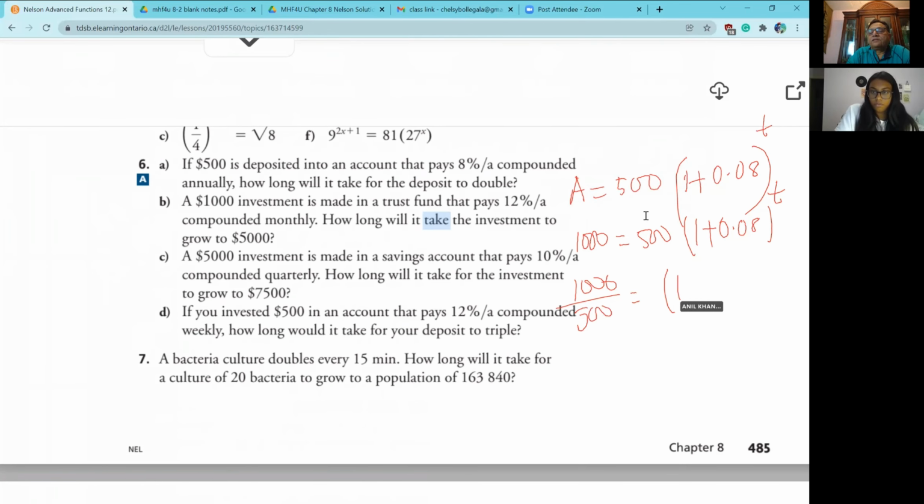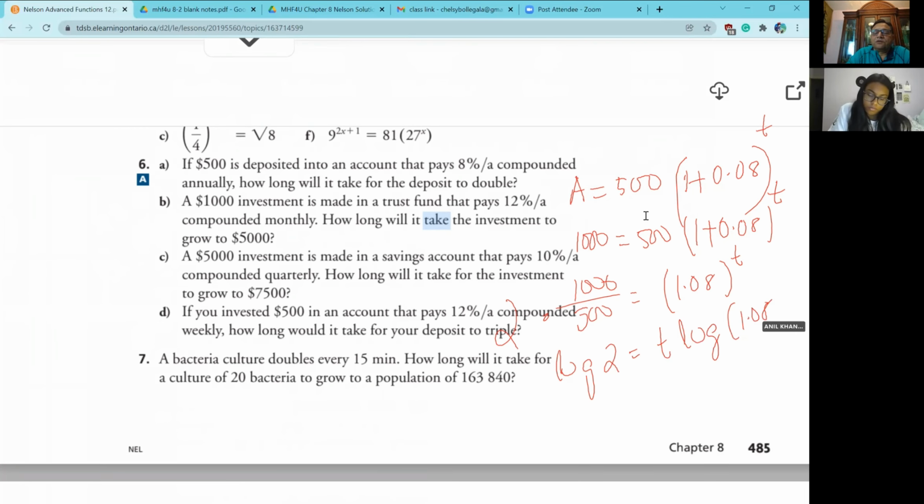So you have 1.08 to the power of t. So we can now rearrange. We can say log of 2, this is 2, right? So log of 2 equals t times log of 1.08. So t equals log 2 divided by log of 1.08.